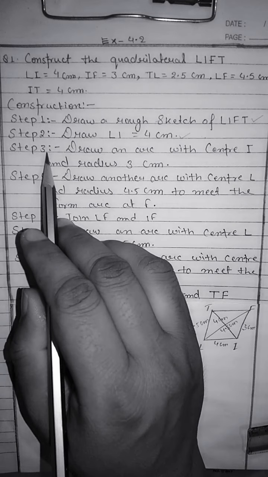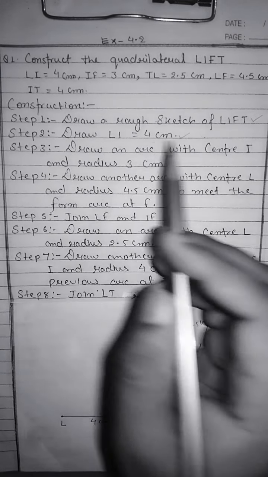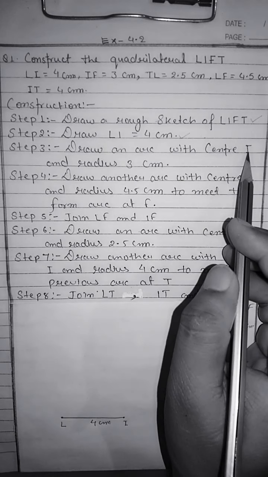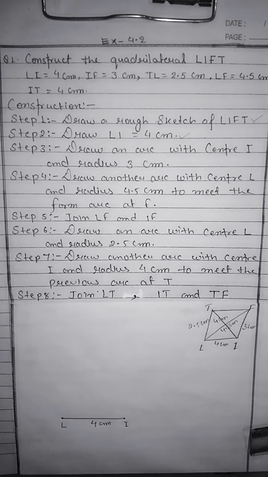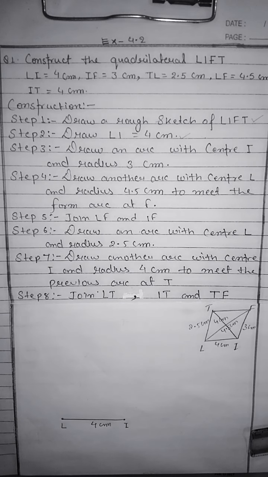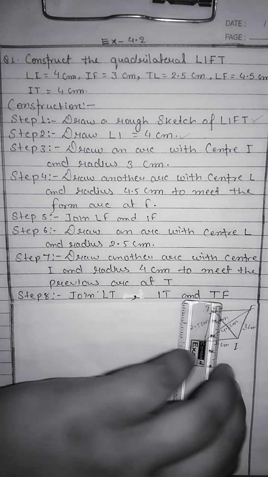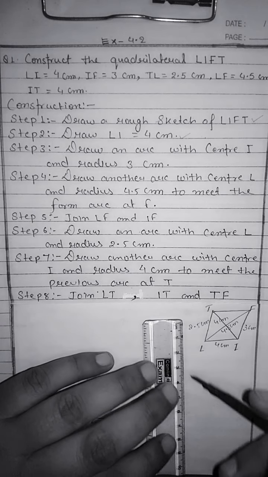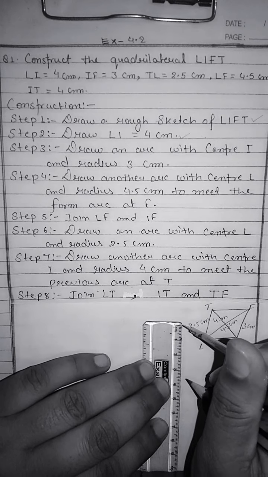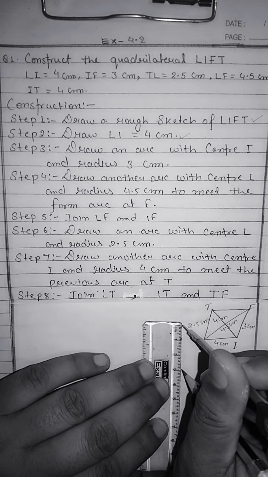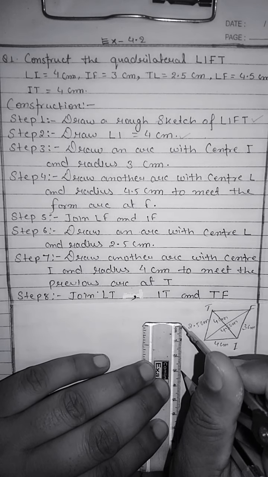Look at step number 3. Draw an arc with center I and radius 3 centimeter. So first of all take the measurement of 3 centimeter from the ruler. It is 3 centimeter.